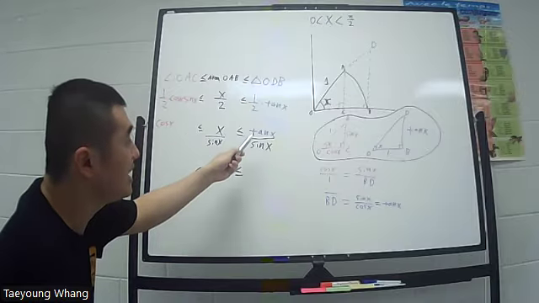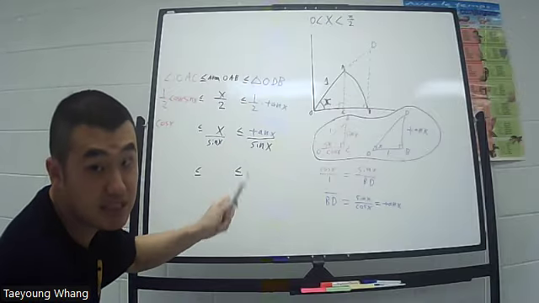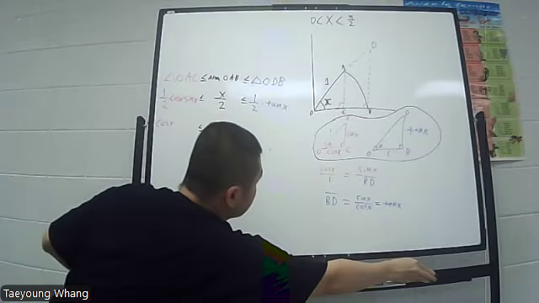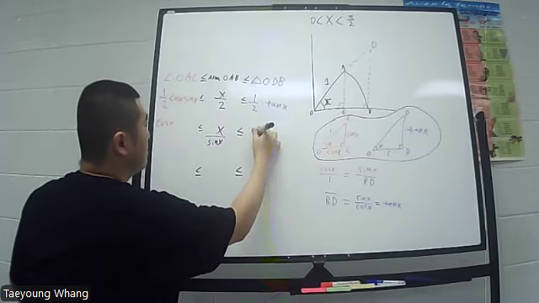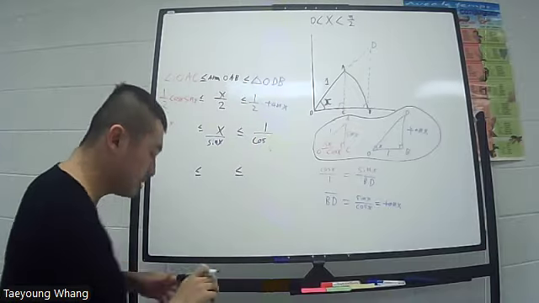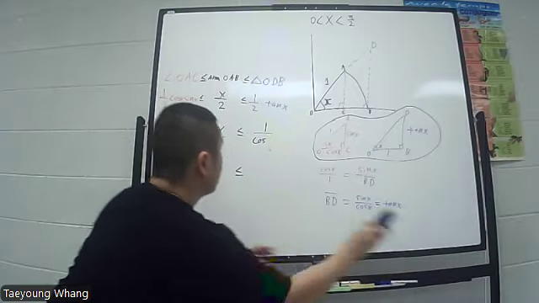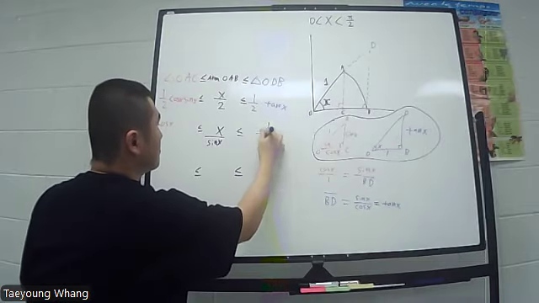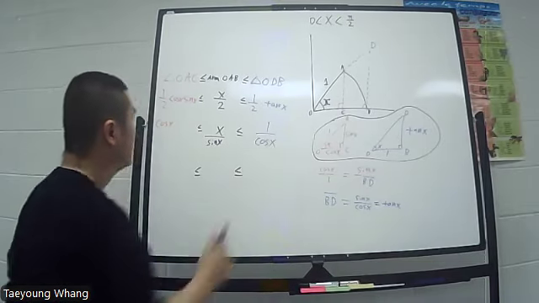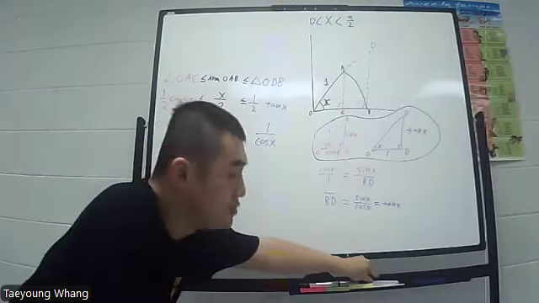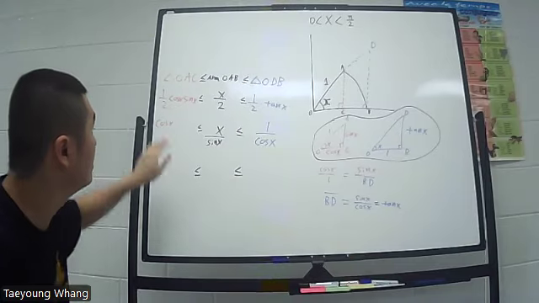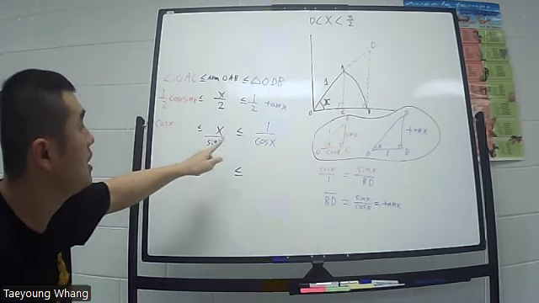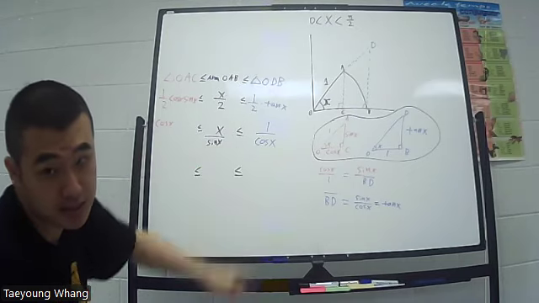So I can say tangent x over sine x can be simplified into 1 over cosine x. Should have written that in blue, my bad. Okay, so now I have a conclusion saying x over sine x is greater than or equal to cosine x, but less than or equal to 1 over cosine x.